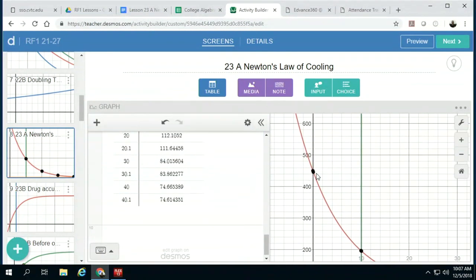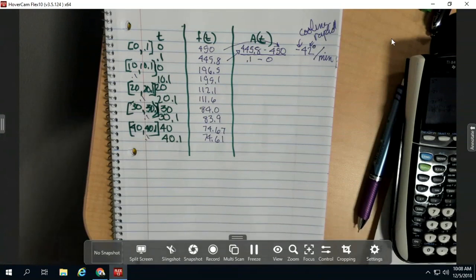At this point right here, have we taken it out of the oven for a whole minute yet? No. We've only had it out of the oven for 6 seconds. Right? That's 1/10 of a minute. In 6 seconds, we've already been able to determine that it is cooling at the rate of 42 degrees per minute. And we just started. Okay?